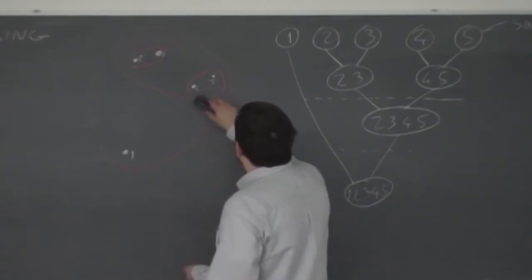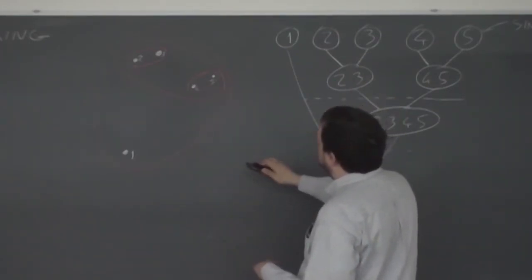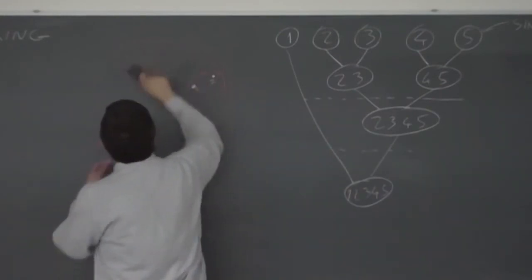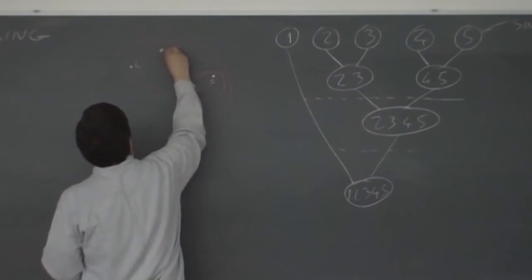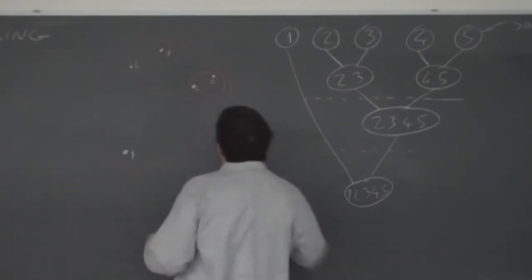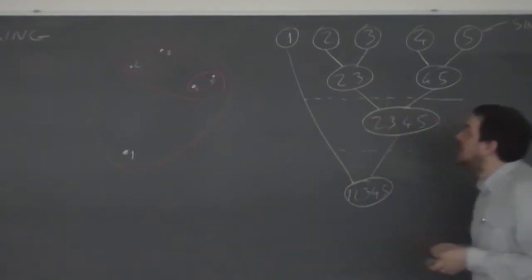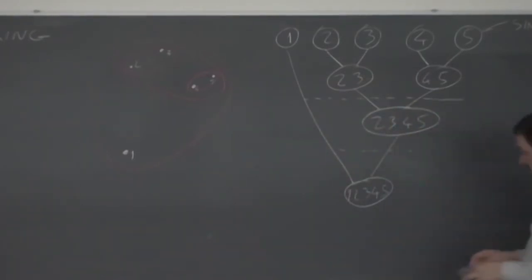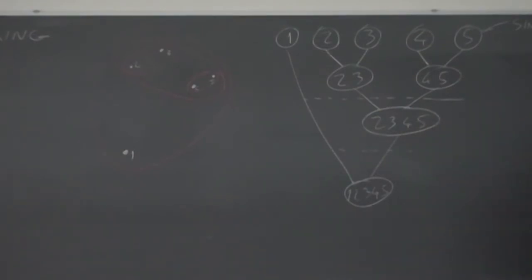Of course, in this drawing, it's difficult to see that 2 and 3 are slightly more different. Let's say 2 and 3 are like this, so it's easier to see.